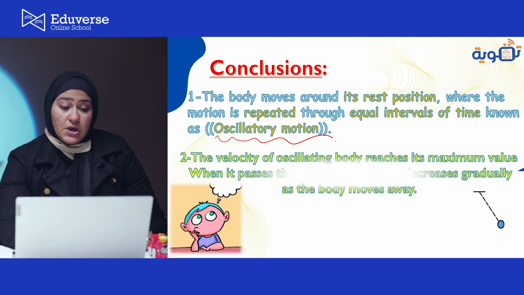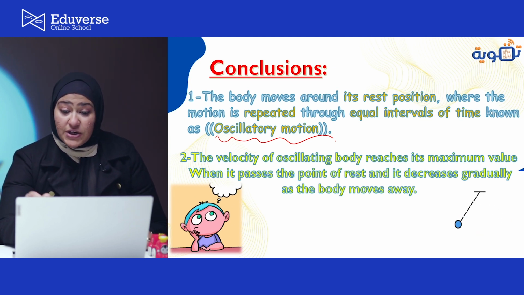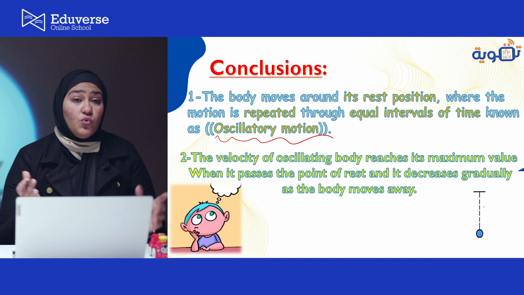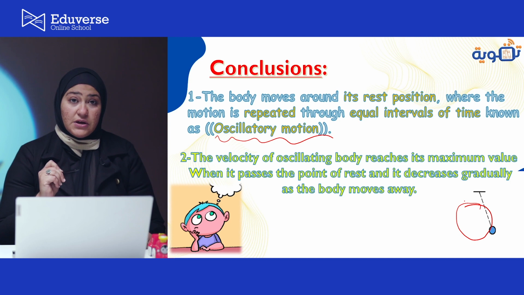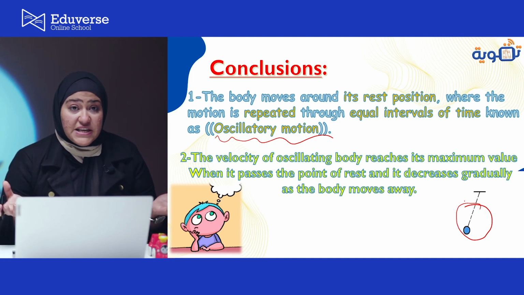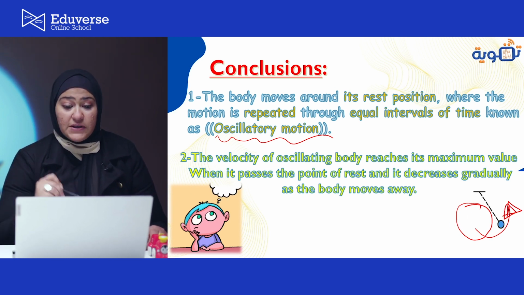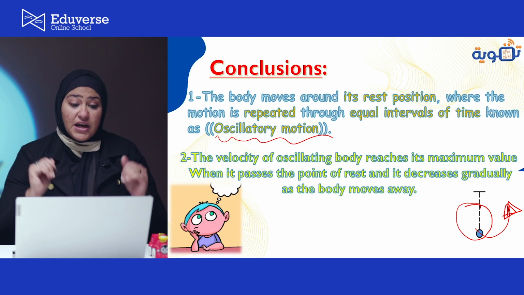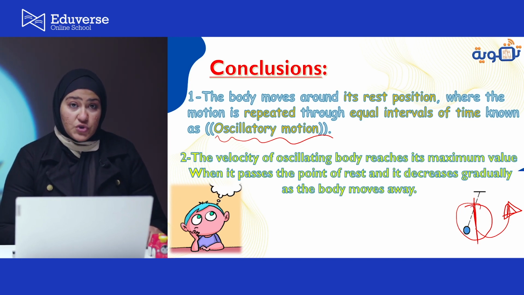The velocity of the oscillating body reaches its maximum value when it passes the rest point, the rest position. The velocity decreases gradually as the body moves away from the rest position.